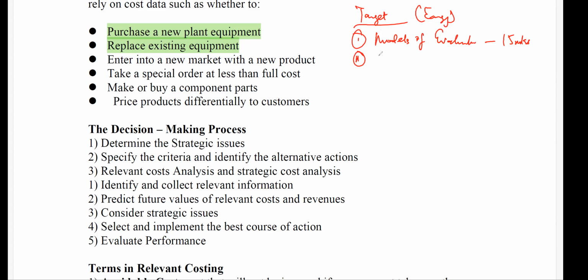Second, master variance and standard costing, which we call management accounting techniques, right? That is also 15 marks. Then third is performance, which is 20 marks. How many marks do we have so far? 50, 50.